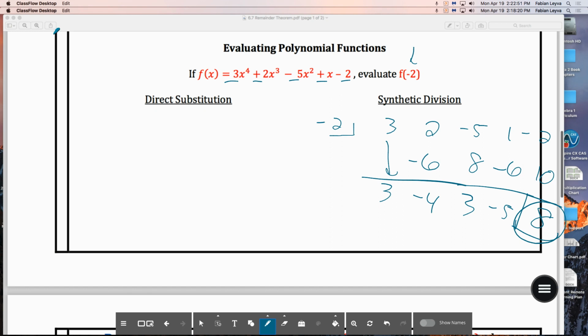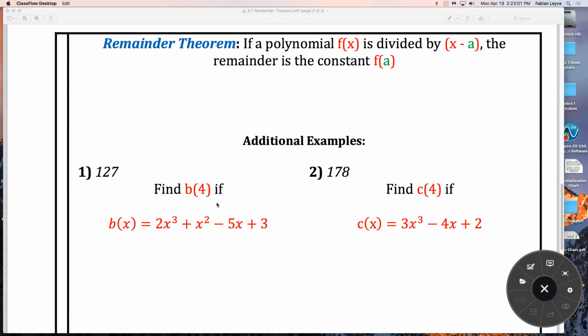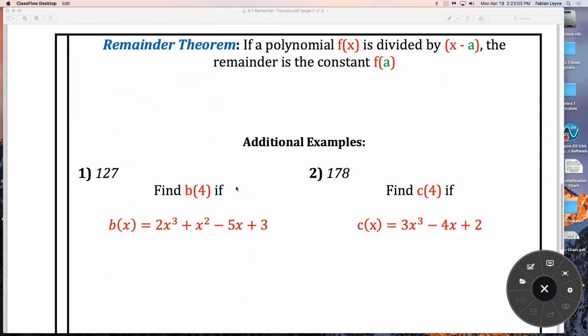Now, there's one thing I'm going to have you guys just be aware of. I'm not going to have you actually do it, so that way you can get started on your homework if you choose to, which is the following problem. Oh, I forgot to remind you guys that what we're using is called the remainder theorem. It states that if a polynomial f of x is divided by x minus a, the remainder is the constant f of a.